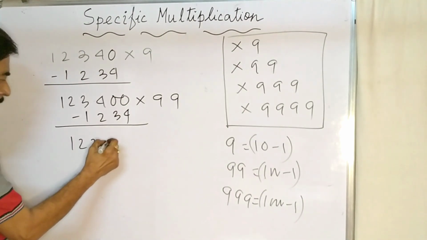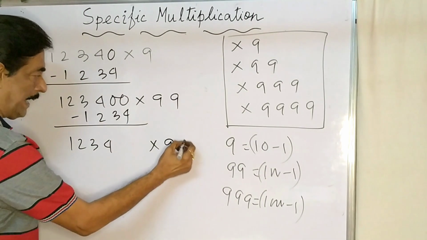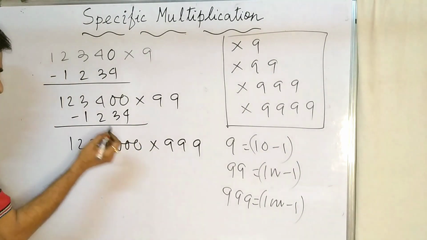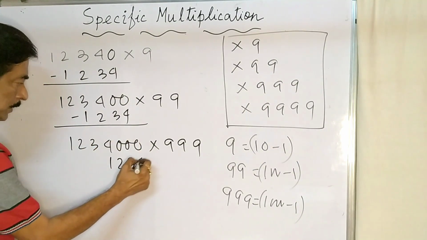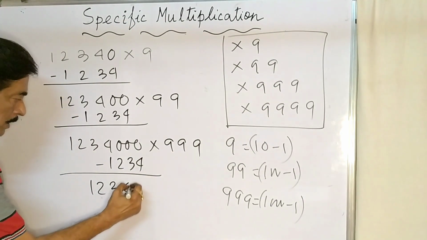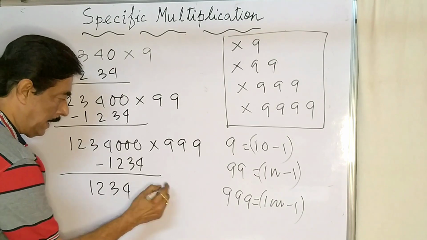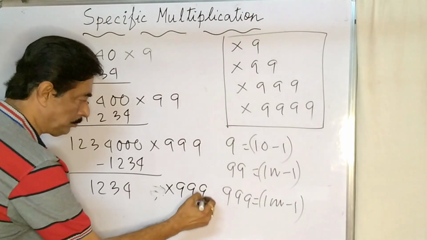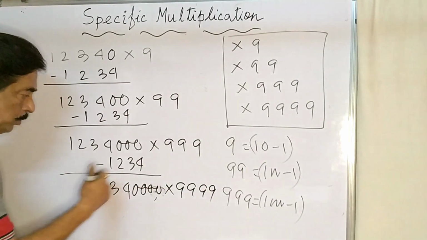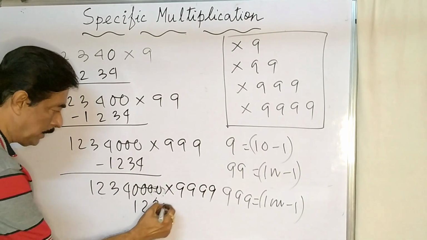1234 multiplied by 999. I put 3 zeros here, 3 places right side. So 1234, subtract. 1234 multiplied by 9999. I put 4 zeros here. Shift 4 places right side. 1234.